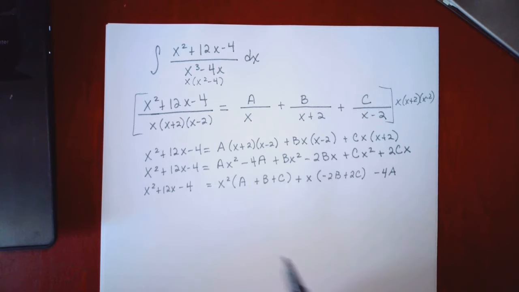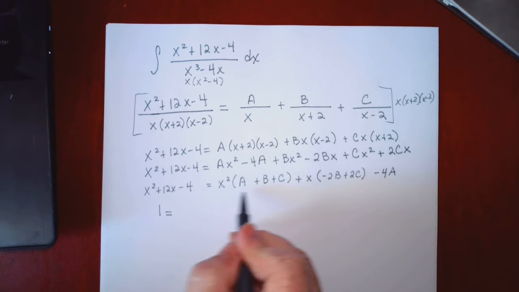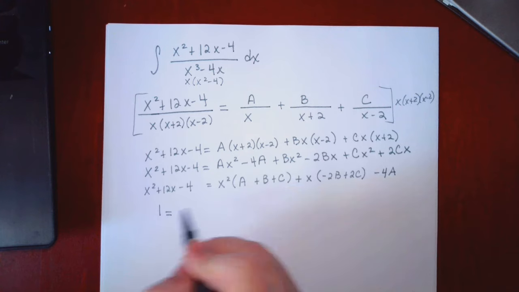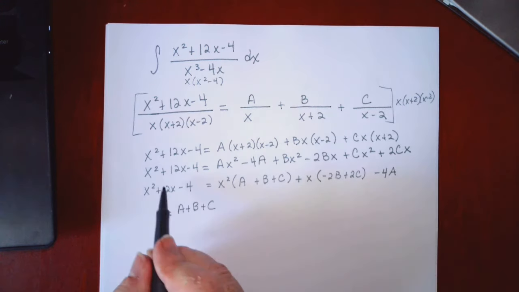If I had the same number of x squareds on the left that I do on the right, that would be one step in the right direction. I have one x squared on the left, and I have a plus b plus c times x squared on the right.